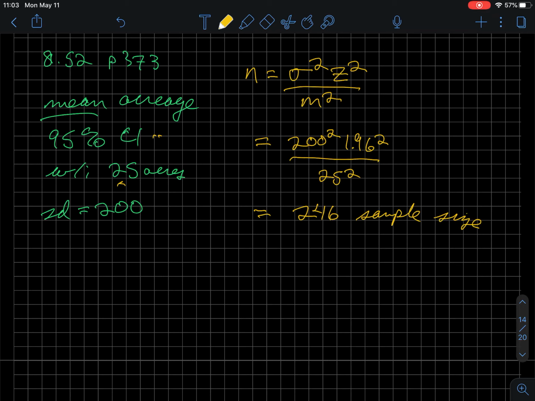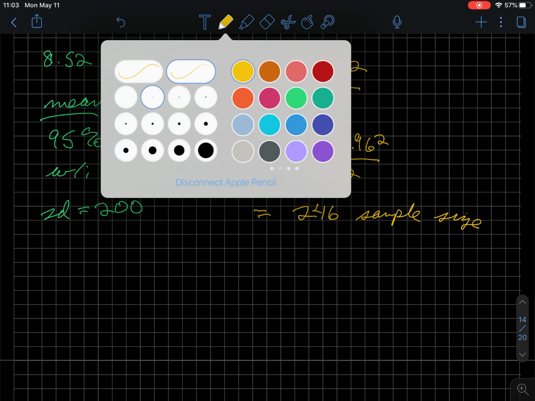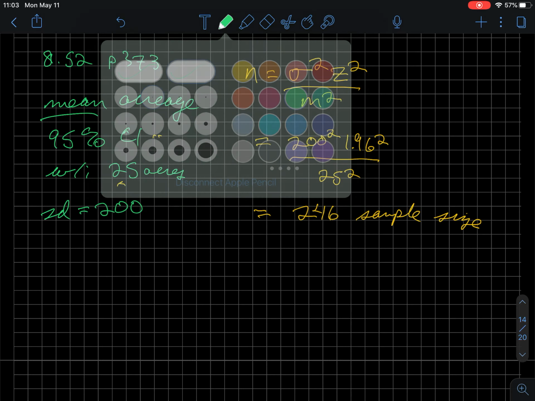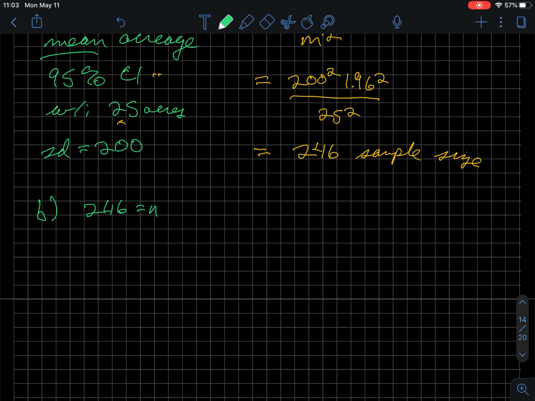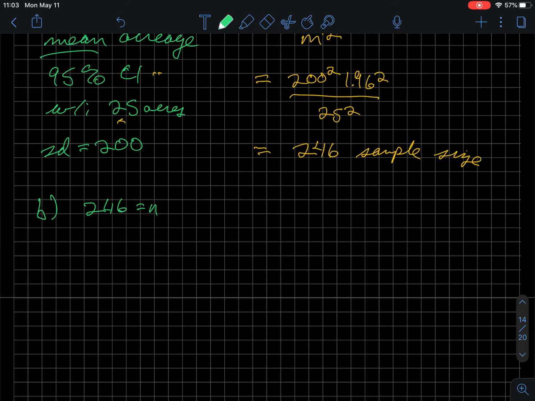And so then we have a different problem that comes up. If we look back, part B is asking us, a sample is selected of the size found in part A, so in this case, n equals 246. But the sample has a standard deviation of 300 instead of 200.